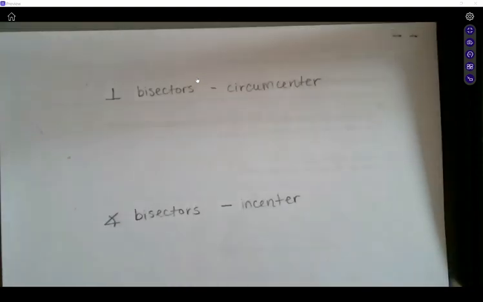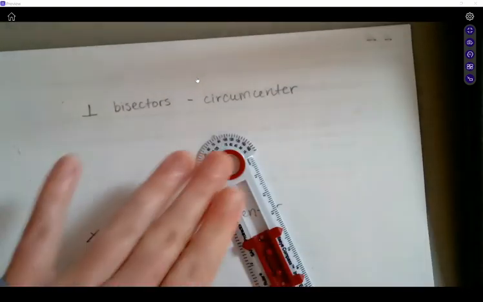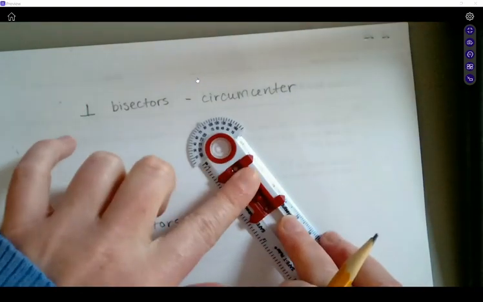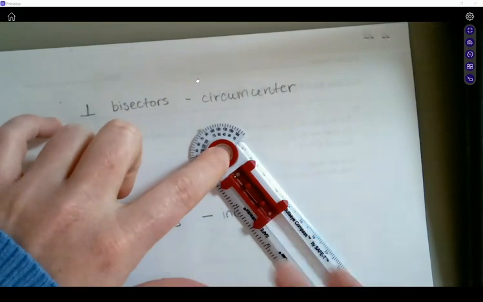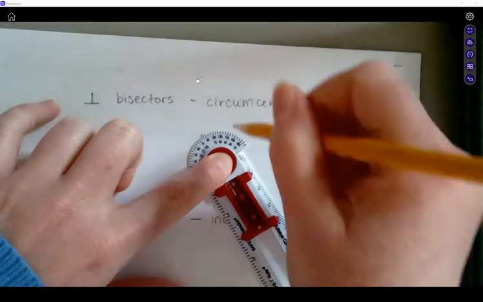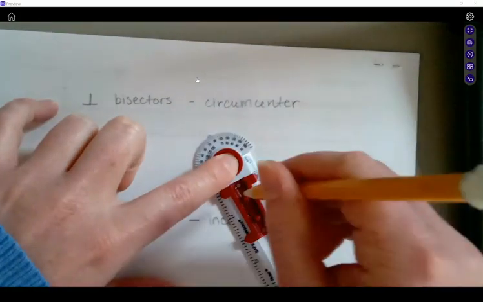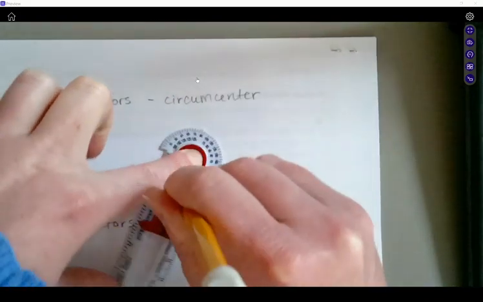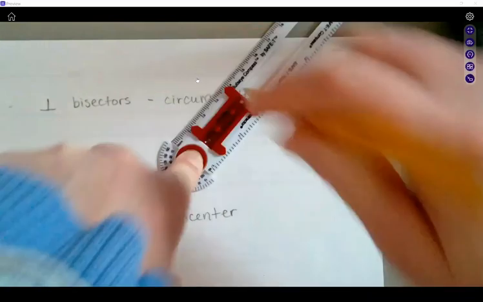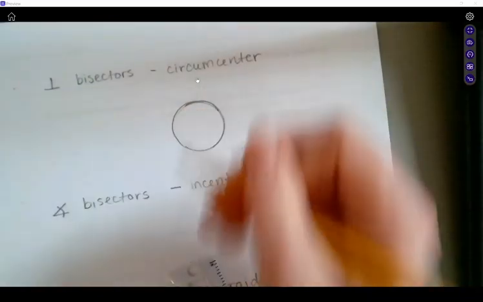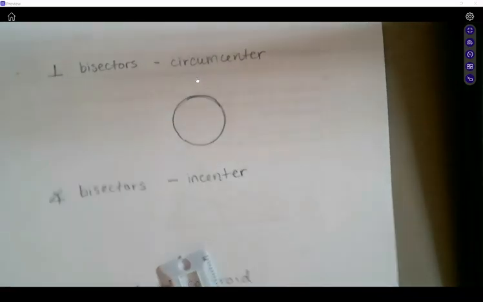What I want you guys to do is use your compass, and slide your slider in as close as possible to the center of rotation, and make a small circle here in between the words circumcenter and incenter. So just using your pencil, make a small circle. I just used a pencil, and I did not do a very good job constructing this, but okay.